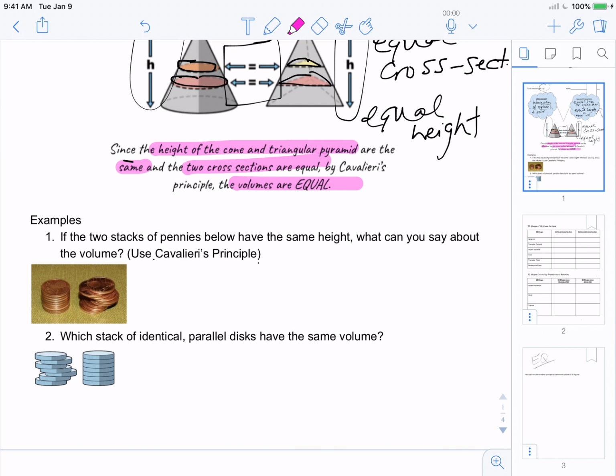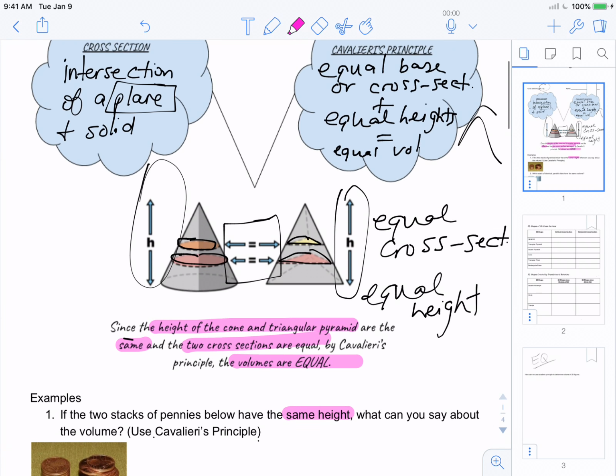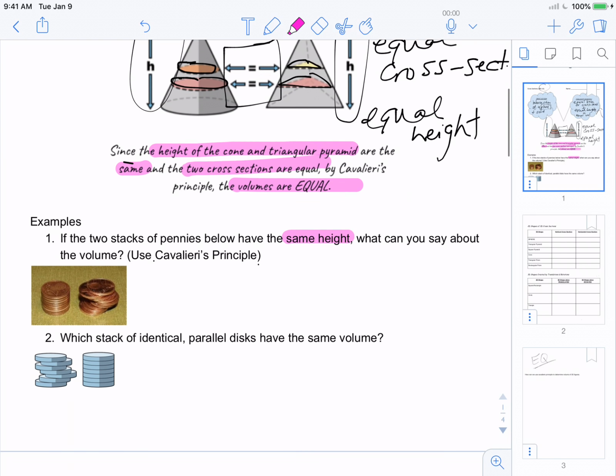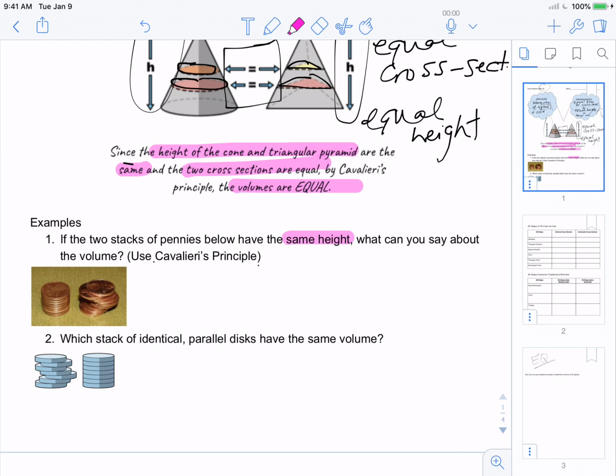Okay, so let's look at example 1. If two stacks of pennies below have the same height, what can you say about the volume? As a hint, use Cavalieri's principle. Okay, so Cavalieri's principle, equal base plus equal height have equal volume. All right, we know they have the same height. Pennies are going to have equal area.